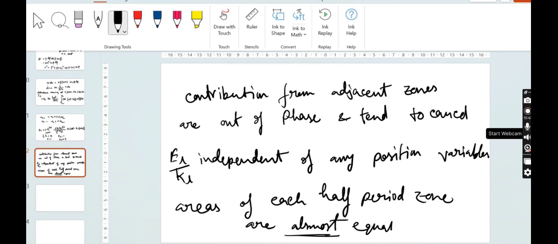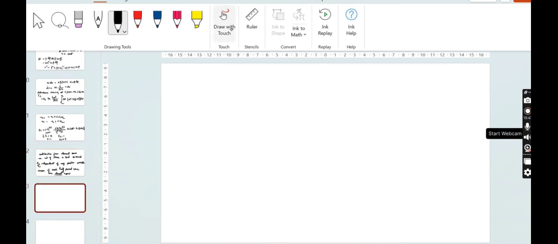Okay, they slightly increase. And also the average distance from each zone to P also increases. If their areas increase slightly, then there is an increased number of emitters. So it all cancels out, and E_L by K_L is almost constant.